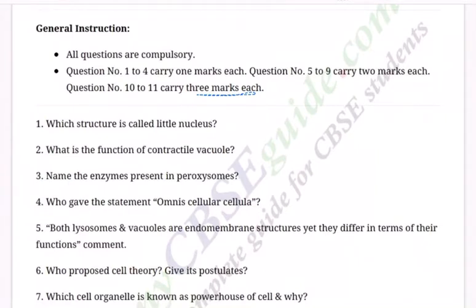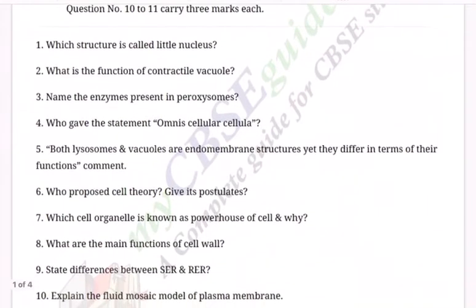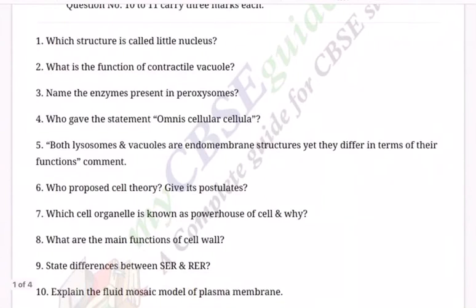Question 4, who gave the statement omnis cellula e cellula? Question 5 is in the form of a statement. Both lysosomes and vacuoles are endomembrane structures. Endo means inside. Yet they differ in terms of their functions. Comment on this.